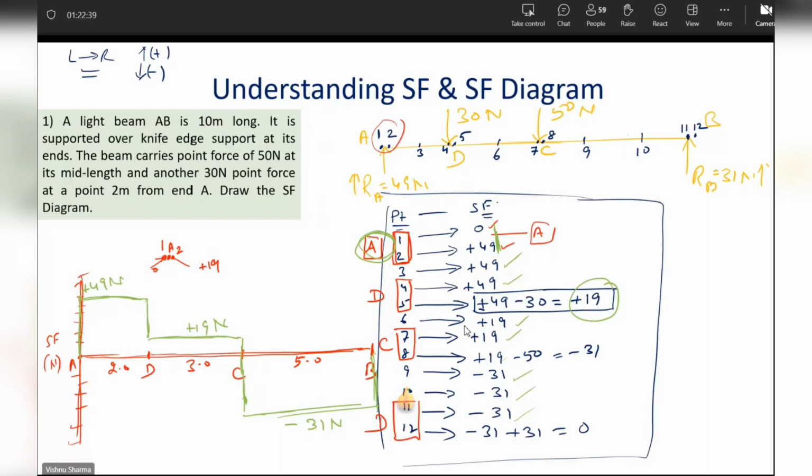I have drawn the shearing force of the beam against its length, and this diagram is called the shearing force diagram. Is the concept of shearing force diagram clear, beta? Yes, sir.